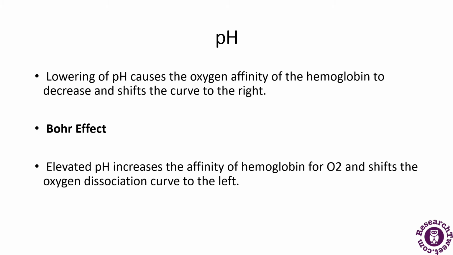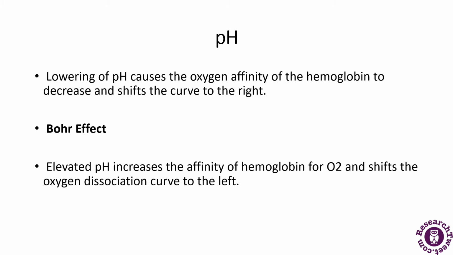Although the partial pressure of oxygen is the most important factor that determines the percent of oxygen saturation of hemoglobin, there are several factors that influence the affinity with which hemoglobin binds oxygen. One factor that affects hemoglobin's affinity is the pH.